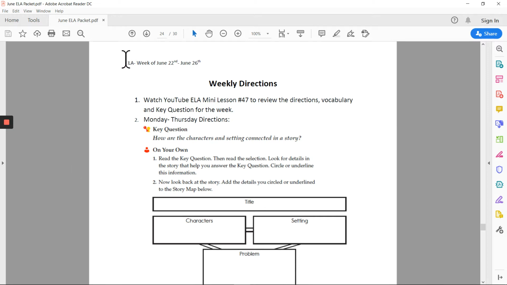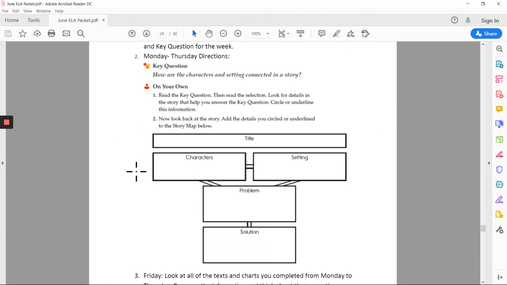So here are the directions for the week of June 22nd through June 26th. The first thing, watch the mini lesson, which you're doing right now. Here are the directions for your writing assignment. Remember, your key question is, how are the characters and setting connected in a story?